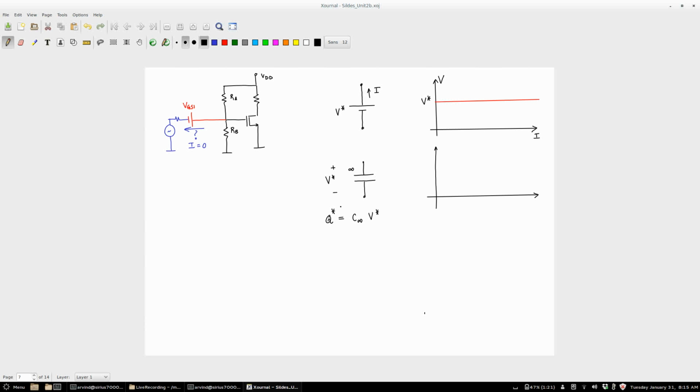Which means even if you take out a little bit of charge, basically you're not going to change anything, because the charge Q is equal to C, which is infinity, times V star. Correct? I have told you this is a very large, I mean not infinite, a very large capacitor.